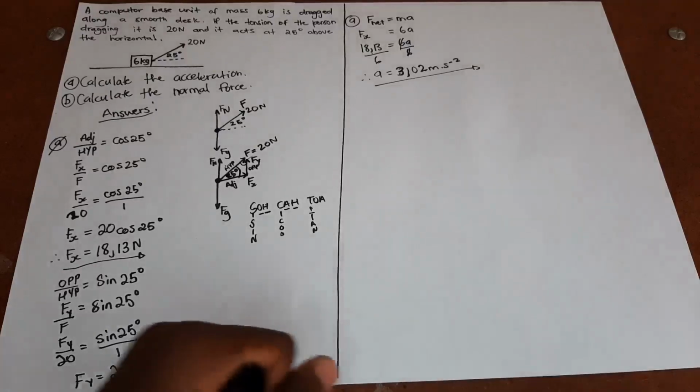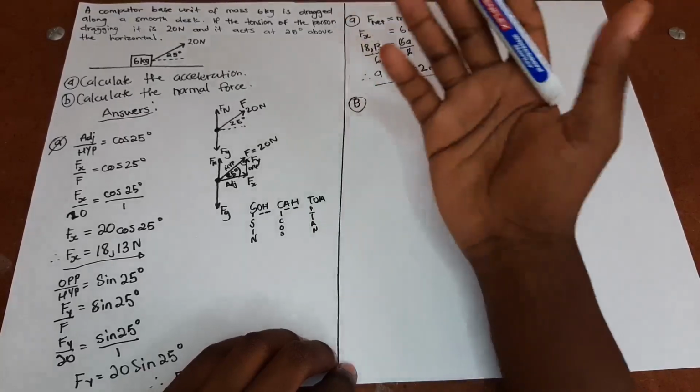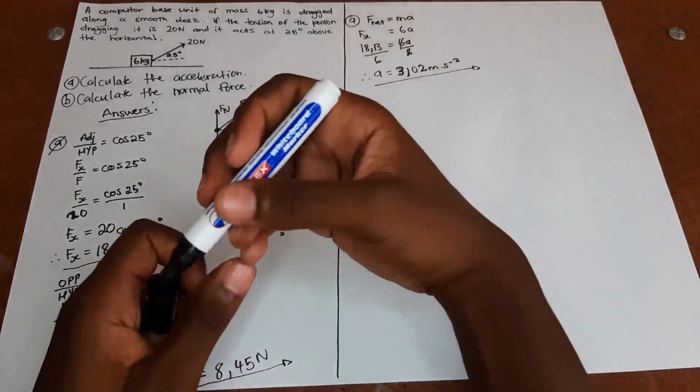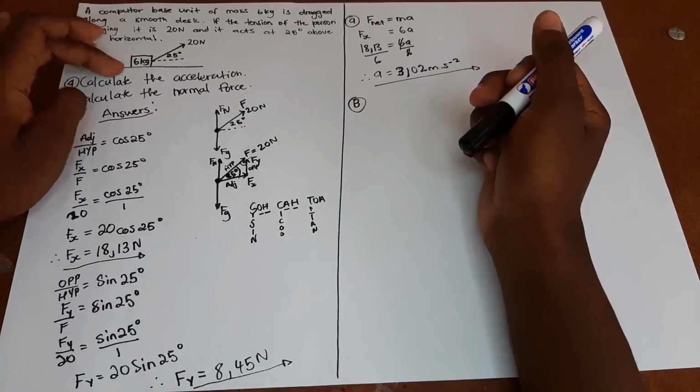Now let's calculate B, the normal force acting on this object, on this computer base unit.